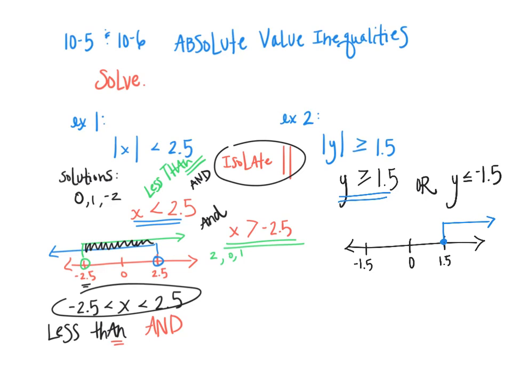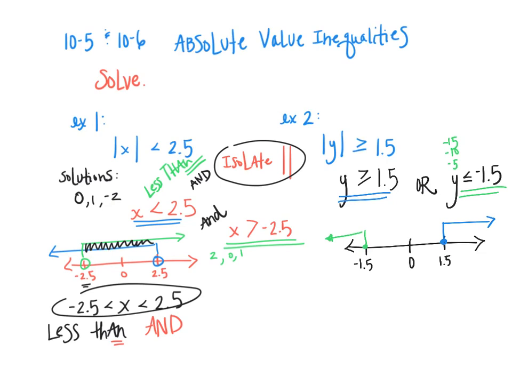For my second inequality, I'm going to put a closed dot also, but I'm shading less than, so things like negative 5, negative 10, negative 15. So these are all of my solutions.